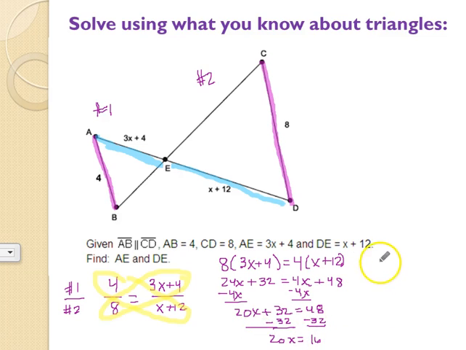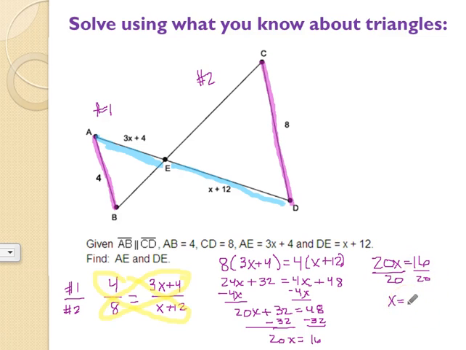And last but not least, I'm going to continue up over here. I'm going to rewrite the equation. Divide each side by 20. We do get a fraction, and that is okay. It's always better to leave your answer as a fraction instead of a decimal. It's going to be your more exact answer.